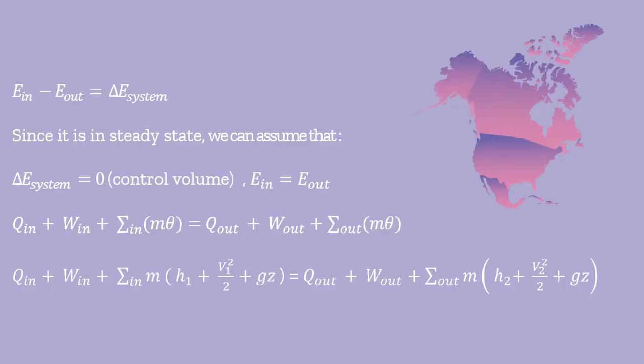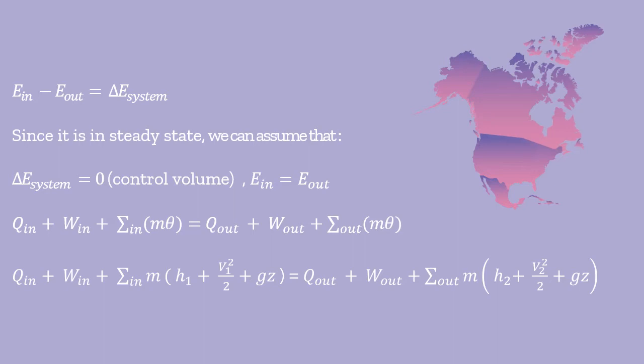For part B, we need to find the power produced by the turbine. We know that the change of energy is equal to E in minus E out. Since it is in steady state, we can assume that delta E system is equal to 0 for the control volume, and E in is E out.